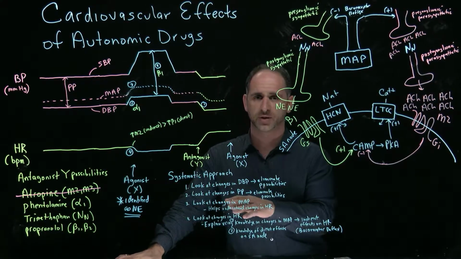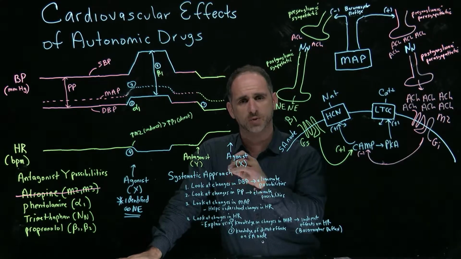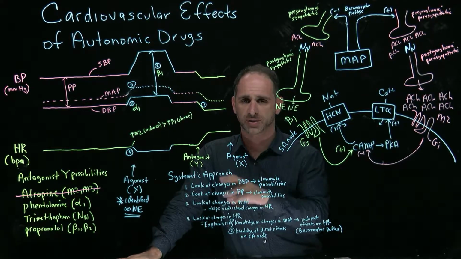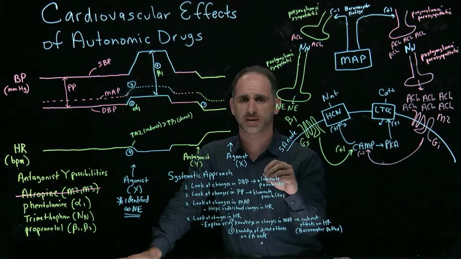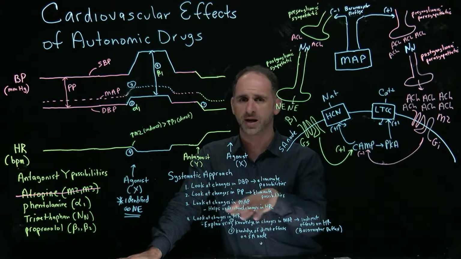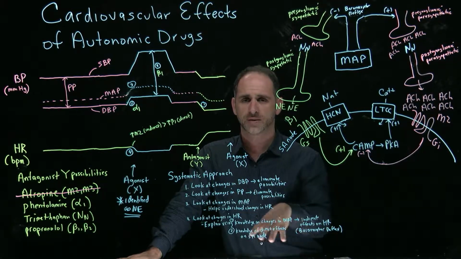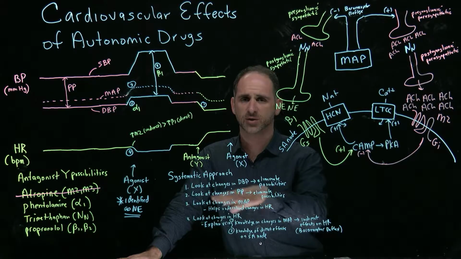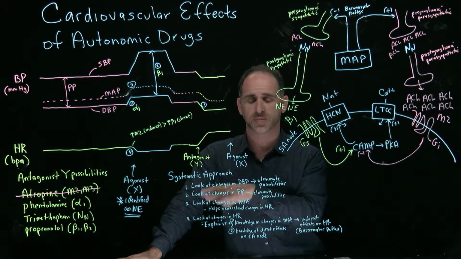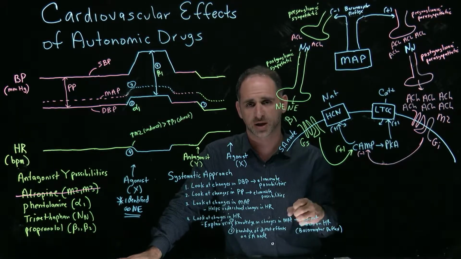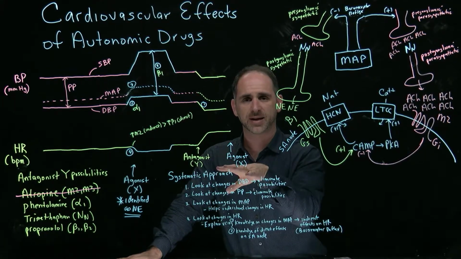it blocks beta 1 and beta 2, and the beta 2 receptors, while they are on blood vessels, and we discussed earlier that they do cause vasodilation, there's really not a lot of epinephrine tone present on blood vessels. And so even though you might expect blocking those beta 2s might cause vasoconstriction, generally we would not see that here.